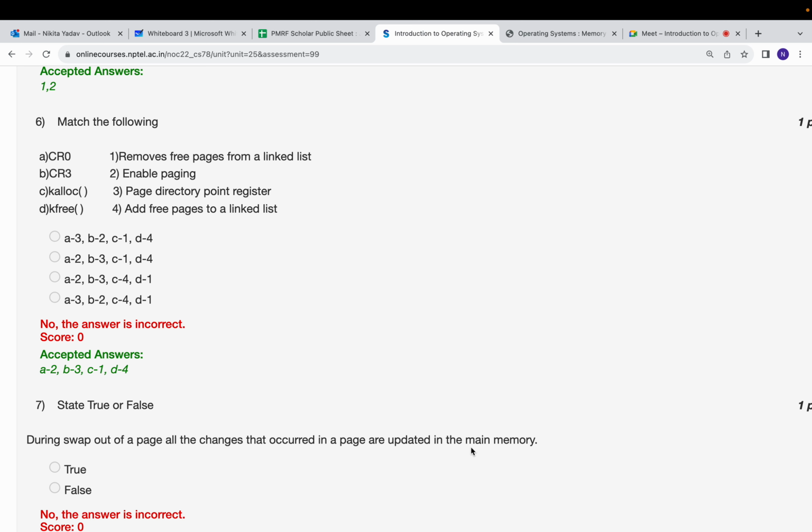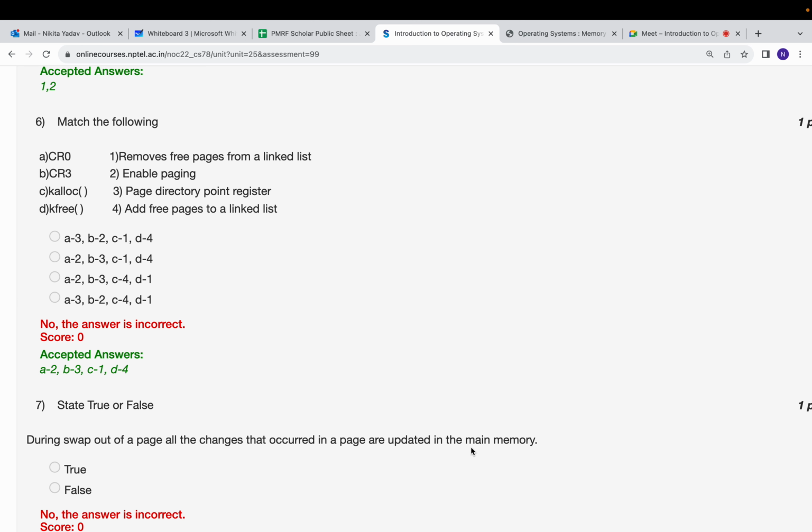Okay. Yes, ma'am, that's true. But during swap out of the process, all changes that occurred, this statement means that the modified bit is always 1, not 0 or 1. Okay, I wasn't explaining that, I was just explaining what happens in swap out.